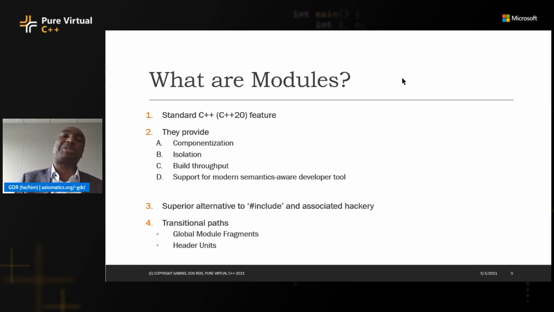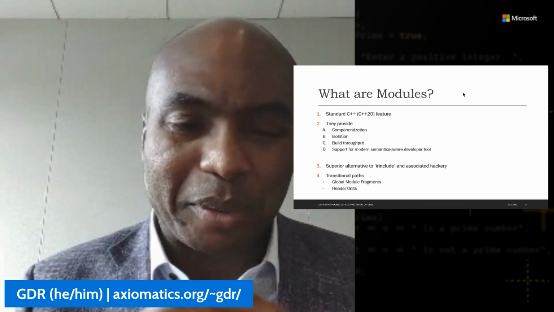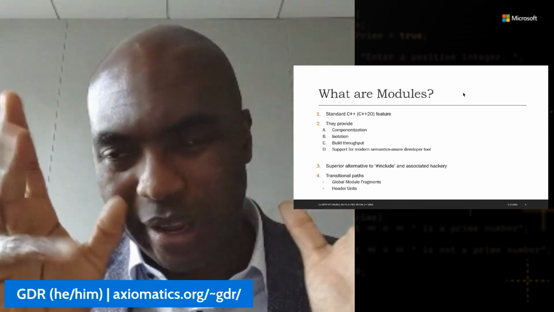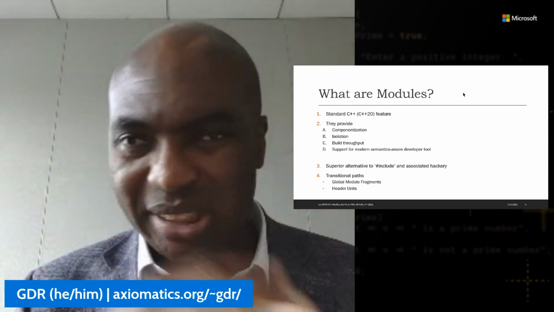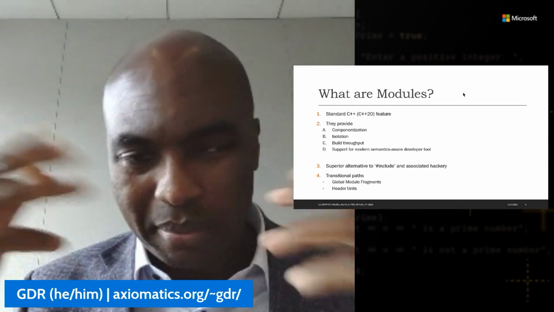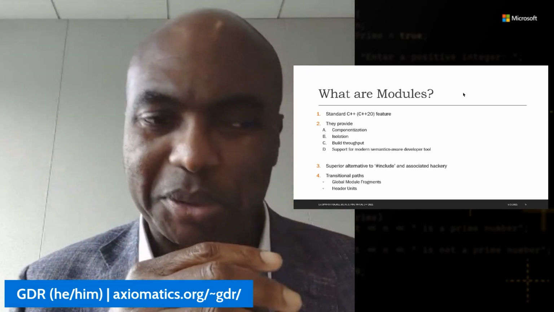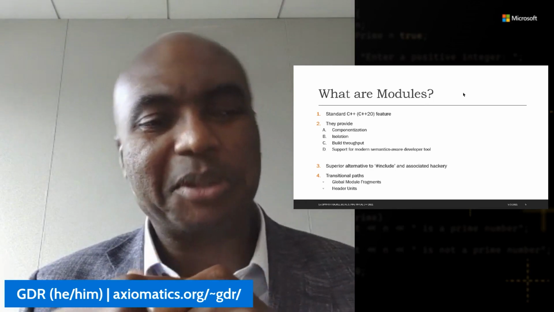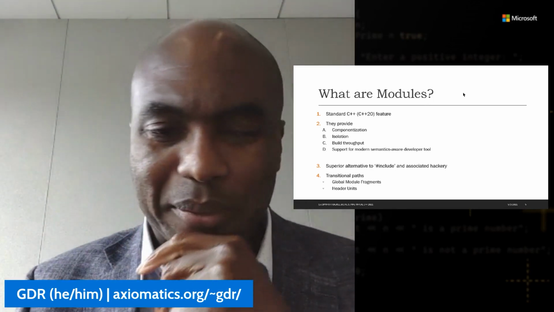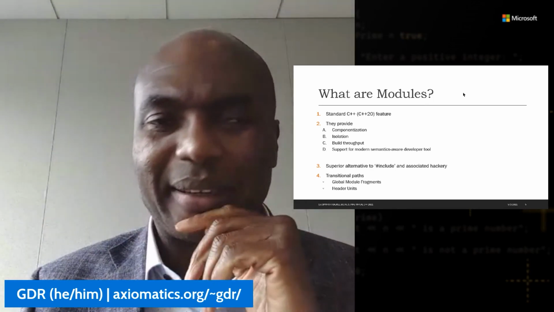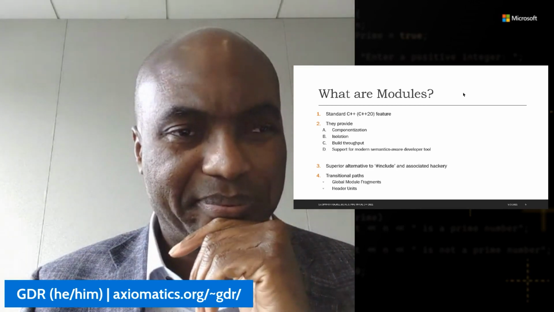Is there any transitional path from this messy world we are in today to the bright new future tomorrow? And the answer is yes. The spec for modules comes with at least two ways of transitioning from the messy hash includes to the better structured modules: global module fragments and header units. I will say a few things about those shortly.